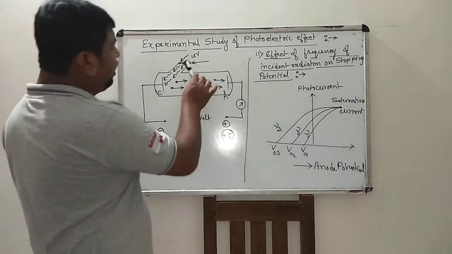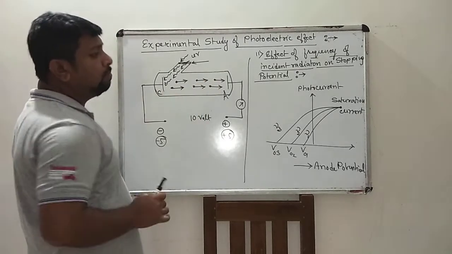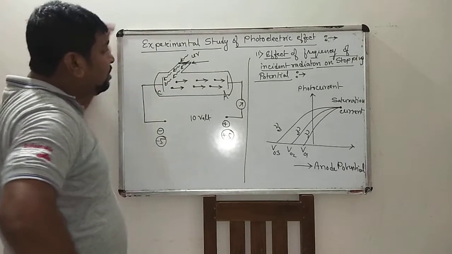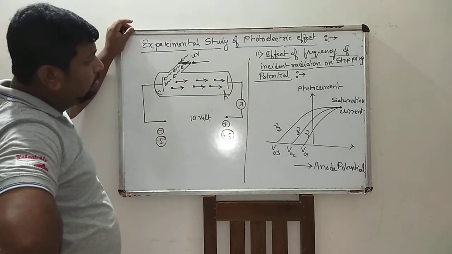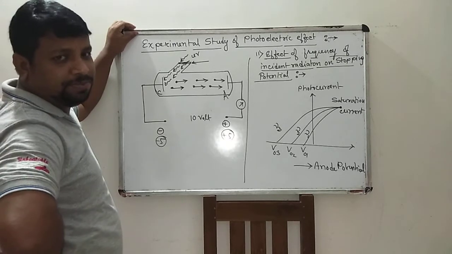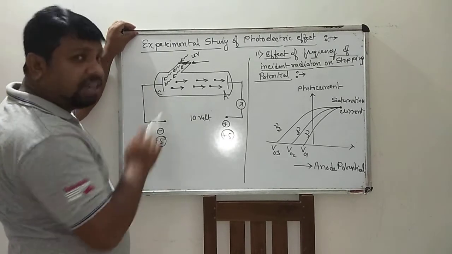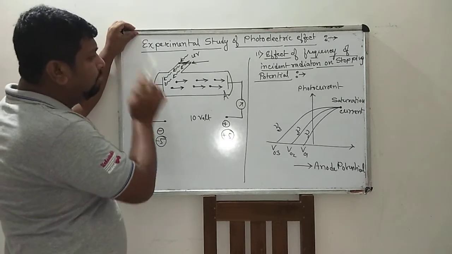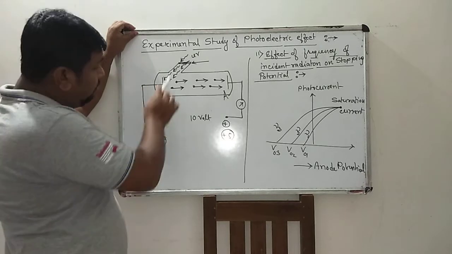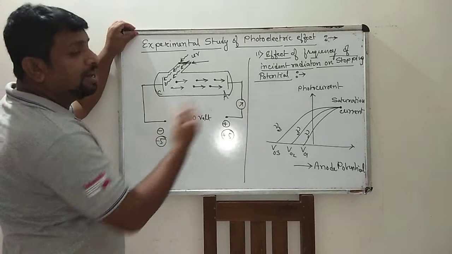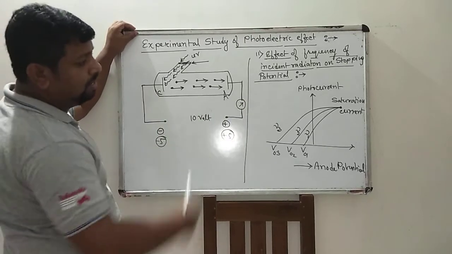Suppose the frequency of the incident radiation changes while keeping the intensity of the light radiation constant. Then how is the photocurrent changed? Let us study this.